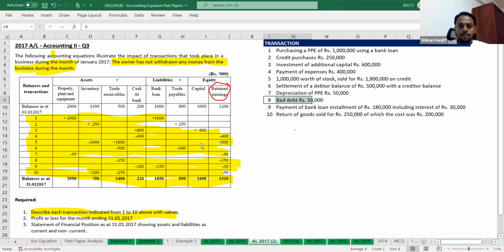Eighth one is trade receivable minus and retained earnings minus means it is expense. So trade receivables becomes expense. So it's a bad debt.